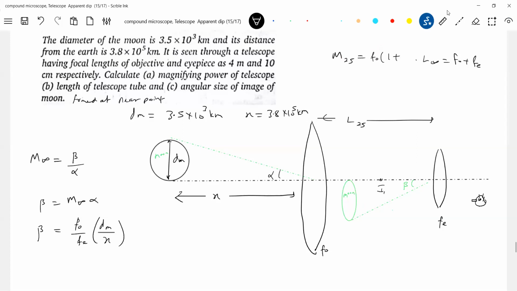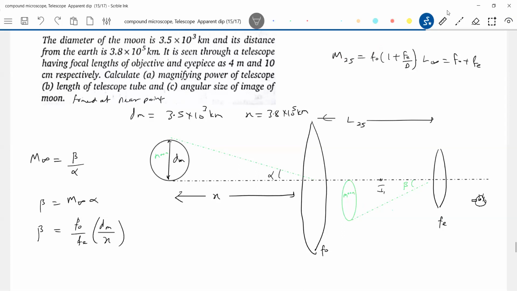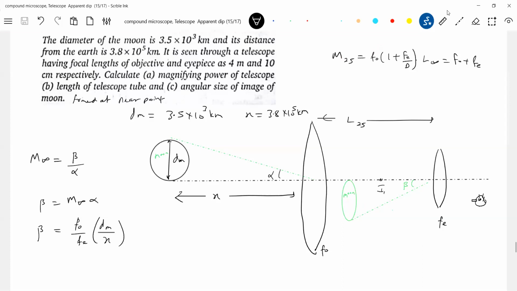F naught into 1 plus Fe by D. Am I right? Okay. So what is the L25 now? L25 will come.